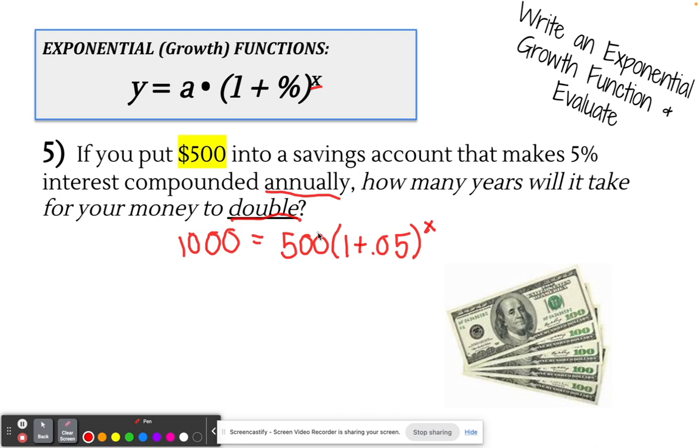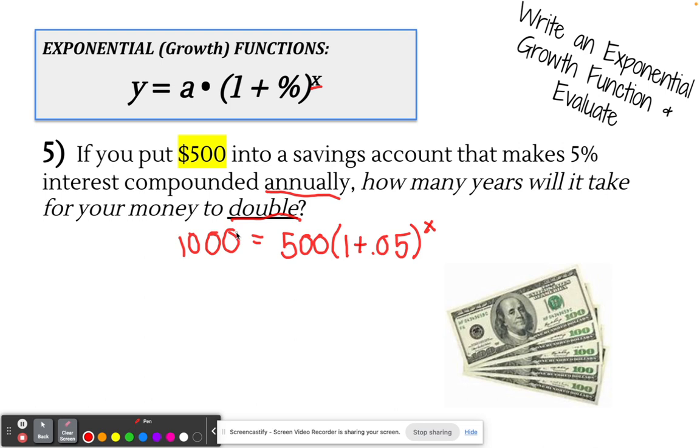But for now, we have to do some guess and check. So let's think about it. If I said 10 years, let's see where that falls. If I do 500 times 1.05 to the power of 10, that gets me $814. Not enough, because that's not 1,000.